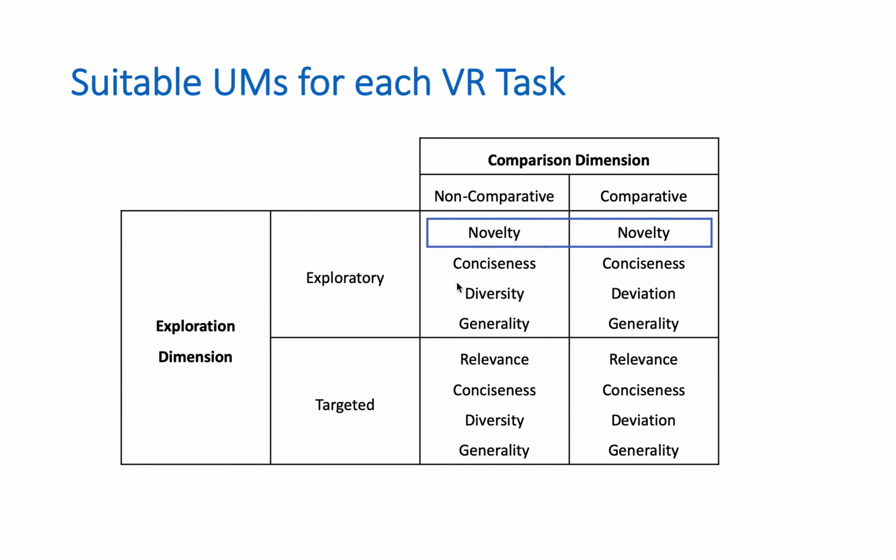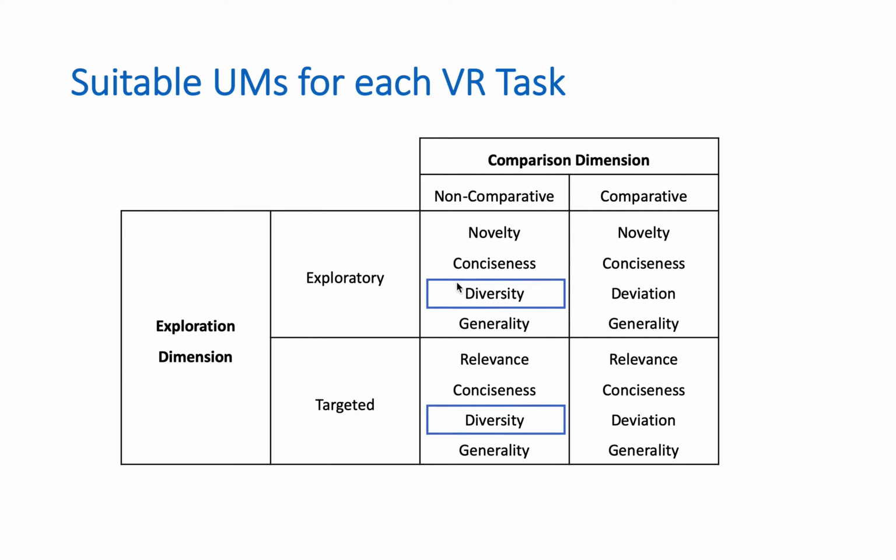We can see that novelty is usually involved in exploratory tasks because users want to find as many views as possible, so they want to find the novel views which are not similar to previously found views. But for targeted tasks, we usually want relevance to be important because users want to pinpoint specific views.